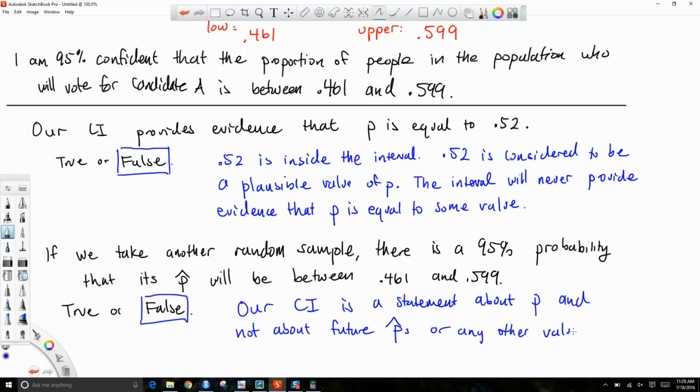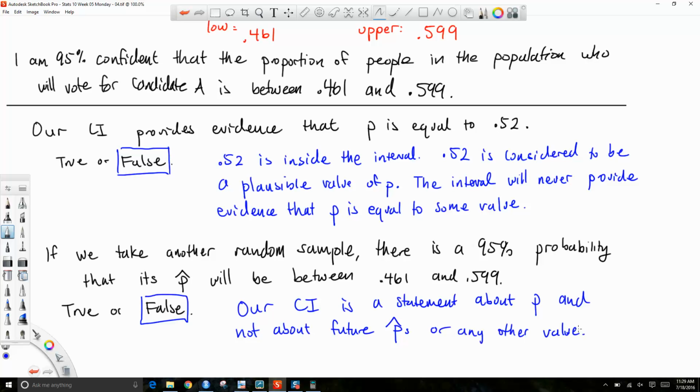It's not about future samples or anything like that. A lot of you got tripped up on the conceptual questions in the midterm. I would say, review these statements. These are conceptual statements about confidence intervals that you should be familiar with.